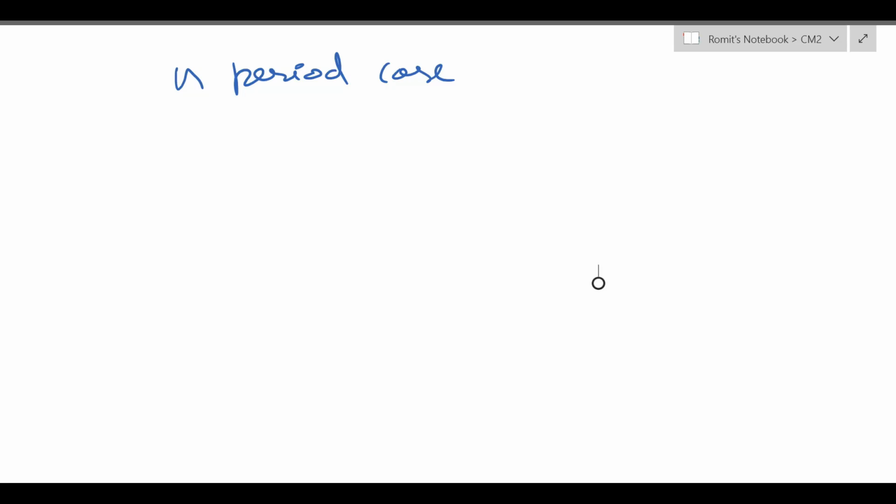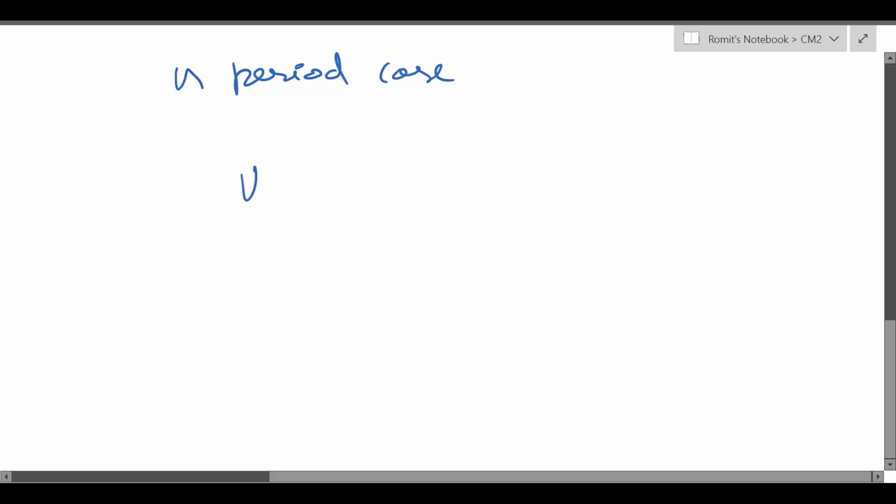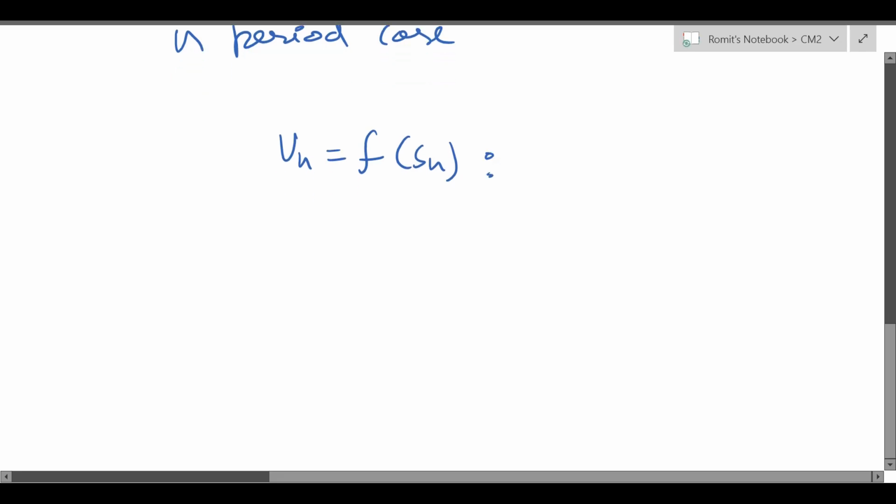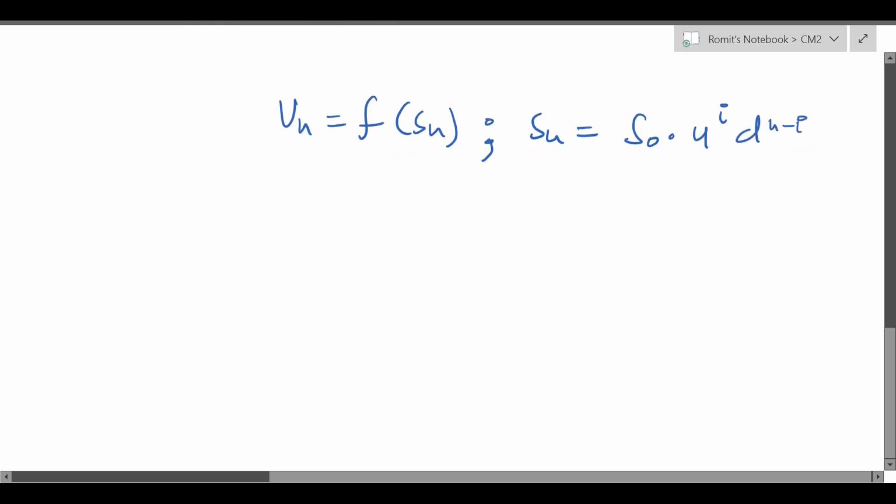Okay, so that's how the n period case works, and ultimately the payoff of your derivative, V of n, depends on the price of the share at time n, that is Sn. Where Sn is nothing but whatever price of the share you started with multiplied with as many increases and as many decreases you had. Let's just say you had I increases.